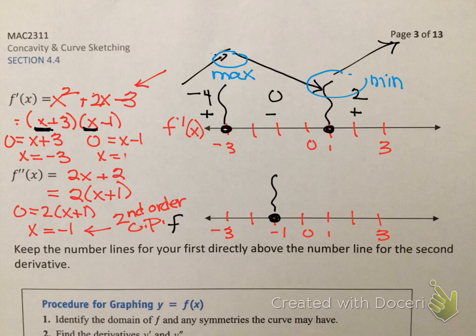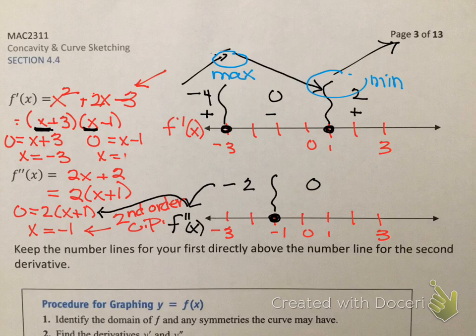Please remember this is your second derivative number line. I'm going to do the same thing to test values that I do with my first derivative number line. I'm going to pick values in each region and test them in my second derivative in the factored form. I'm not concerned with the number I get out, only with the sign.